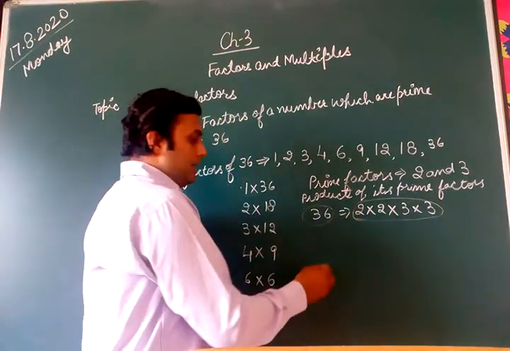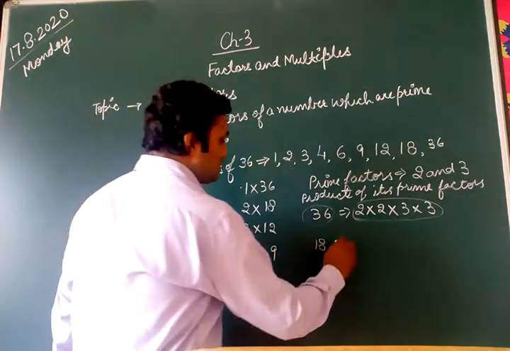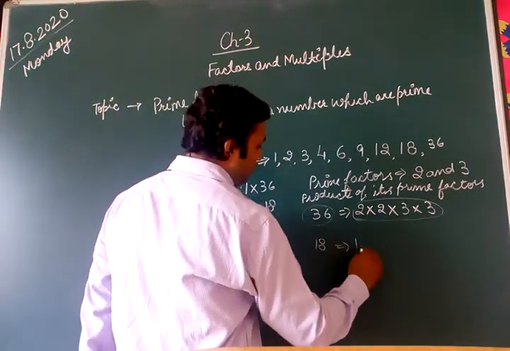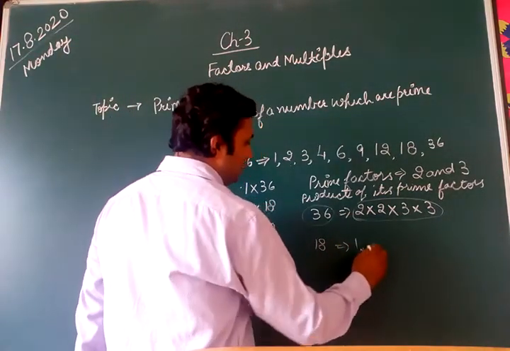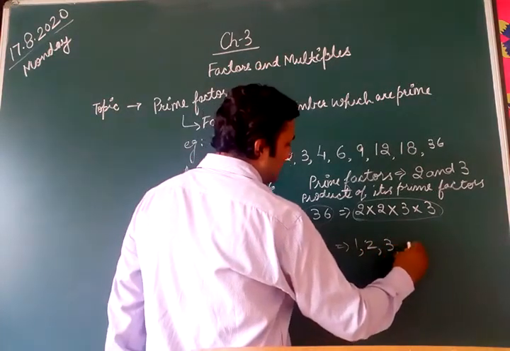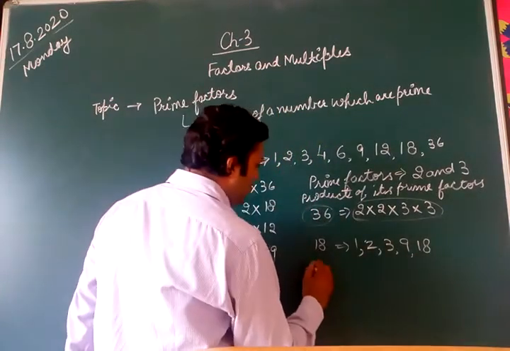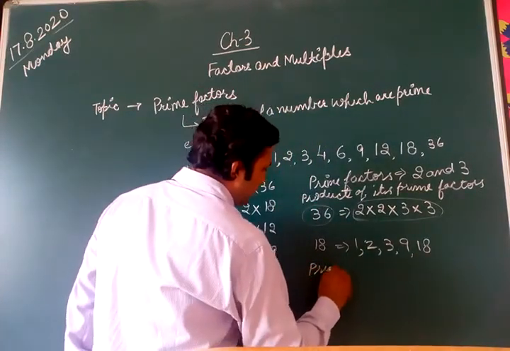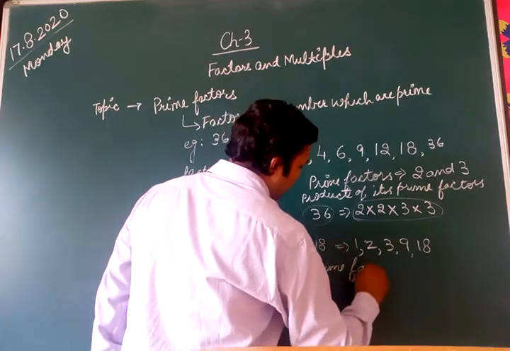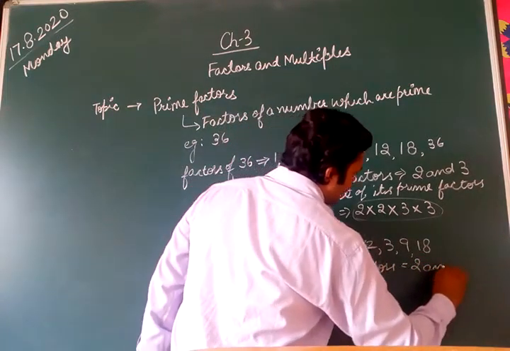So suppose you are given the number 18, and you have to find out the prime factors. What are the factors of 18? 1, 2, 3, 6, 9 and 18. So these are the factors. What are the prime factors? You have to take out the prime factors. The prime factors are 2 and 3.